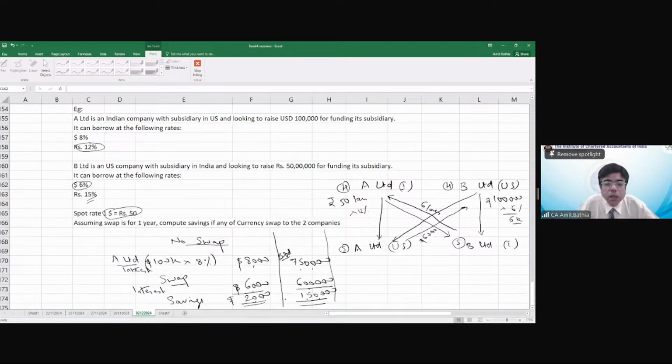Okay. Now, in the assignment sheet, we have question number 9. So let us look at question number 9. I hope this concept was understood by one and all.